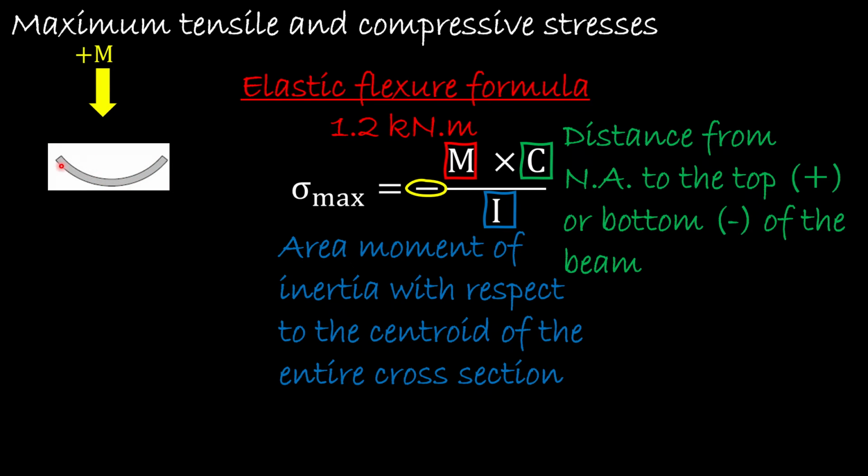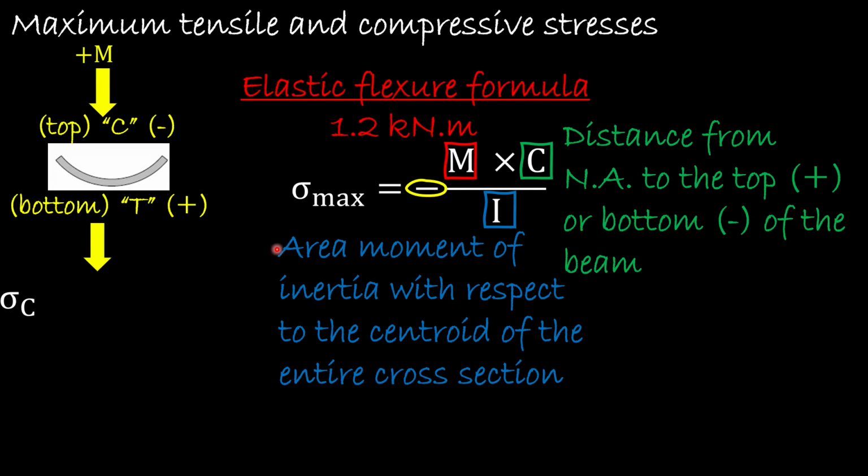Because it concaves up, the top of the beam will be compressive, and therefore the result from the normal stresses will be negative. When you have negative stresses, it means compressive stresses. On the bottom of the beam, we will have tension. That will be positive. So positive stresses indicate tension.